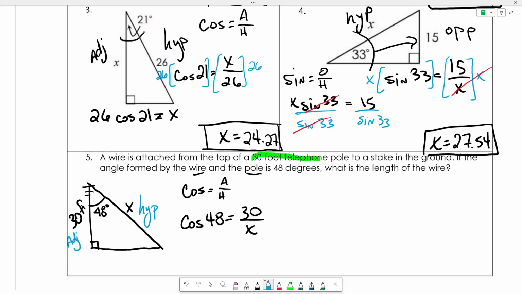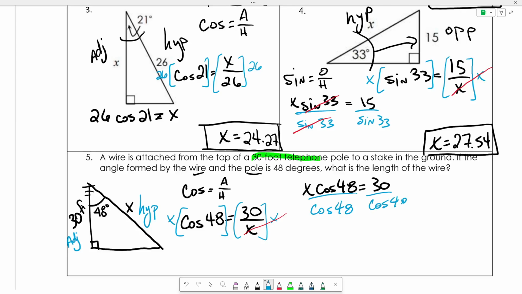Multiply both sides by x, the right side and the left side. Whatever you do to one side of your equation, you always have to do the same to the other. So I now have x cosine of 48 is equal to 30. Divide both sides by the cosine of 48. Cosine of 48 here, cosine of 48 here. The cosines of 48 go away, telling me that the length of my wire is, and at this point we have to go get our calculator.